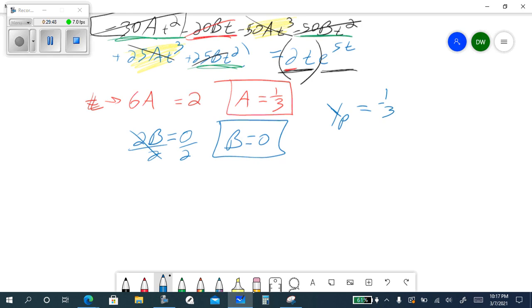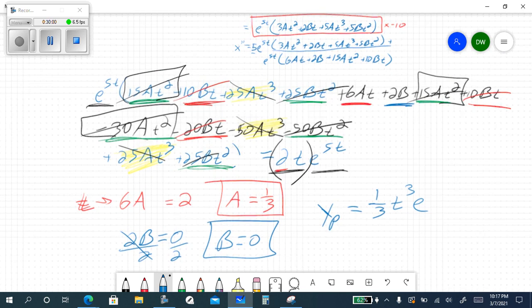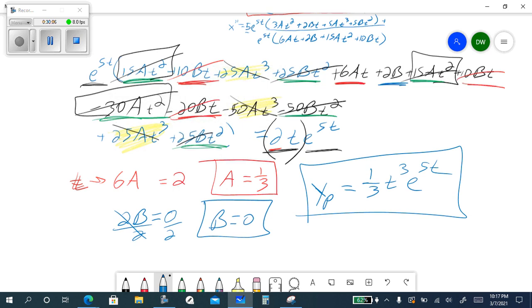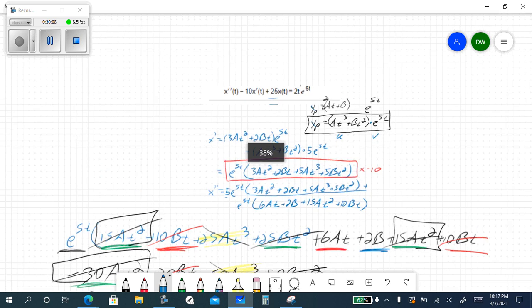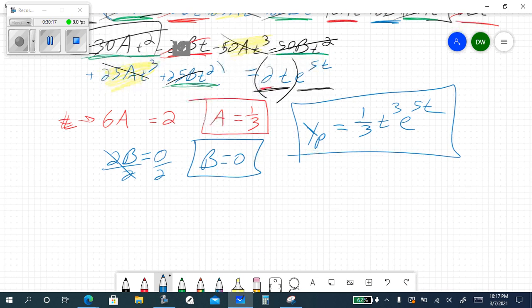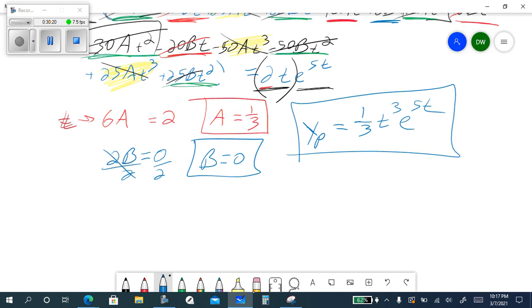That's t cubed. b is 0, so 0 t squareds, and that's times e to the 5t. So our guess was that our solution was in this form, something t cubed plus something t squared. And it turned out that we didn't have any t squareds and that the amount of t cubes we need was 1/3. So that was our particular solution.